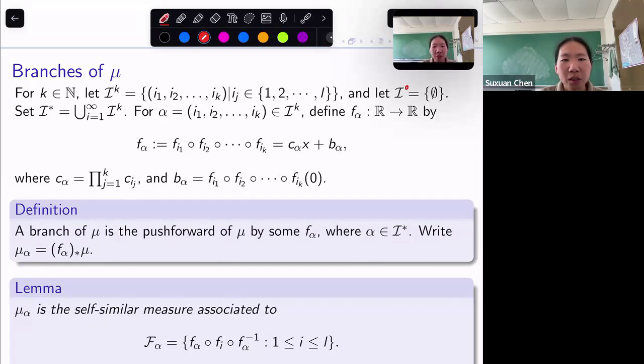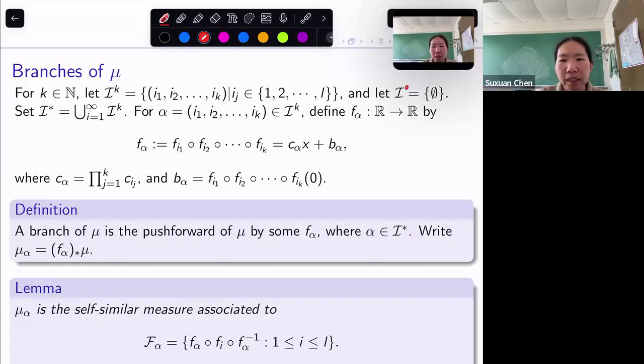Okay, and now for a tuple alpha = (i1, i2, ..., ik) inside of the set I_k, we define F_alpha to be the composition of F_i1 up to F_ik. Recall that these F_i's are the functions inside the iterated function system, and they are of the form A_i x + B_i, for example, for this F_i1.